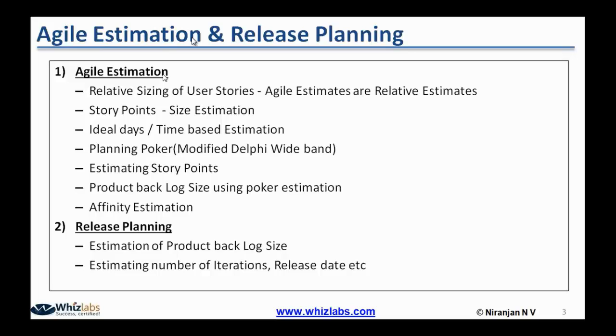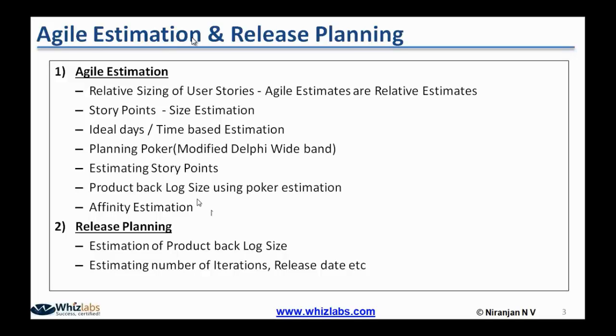The various topics I will be covering under agile estimation are how we do the sizing of user stories by using the relative estimates concept, what story points are and how we use them for estimating size, what ideal days are, which is another alternate unit used for estimation in agile projects, and what planning poker estimation is and how you use this method for agile projects and for estimating product backlog size.